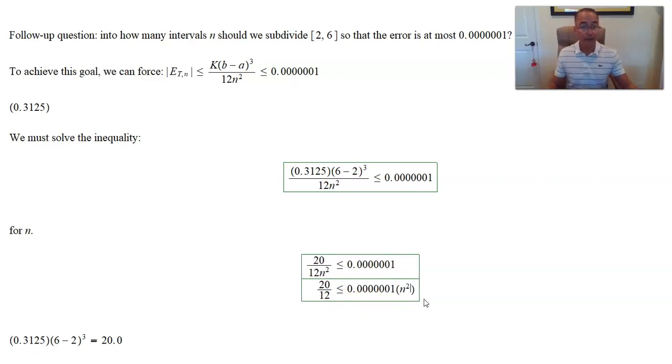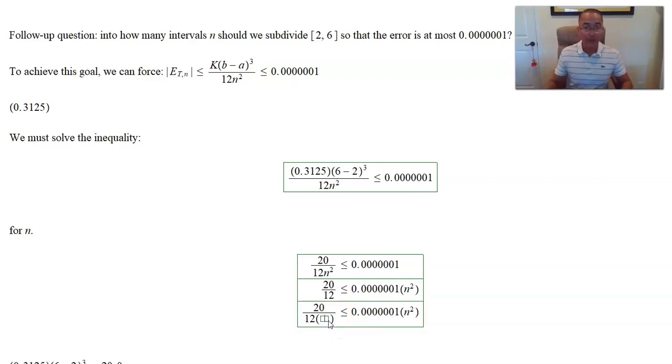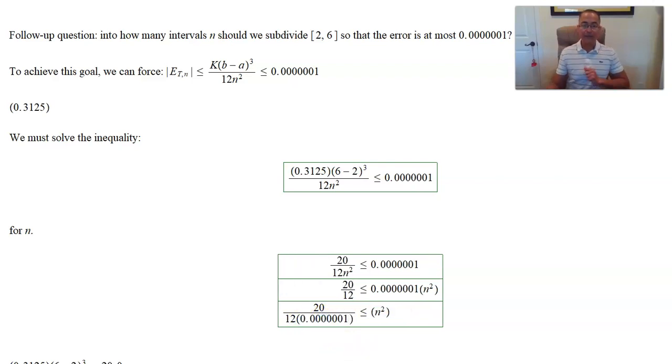Maybe we'll write it that way. Last step, not quite the last step, we can move the tolerance to the denominator on the left. Divide both sides by this teeny tiny number. There we go. If you divide by a small number, it's going to be a big number.